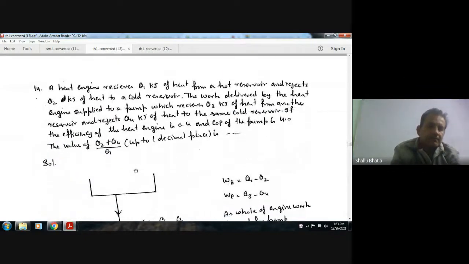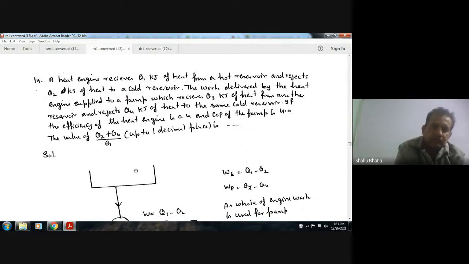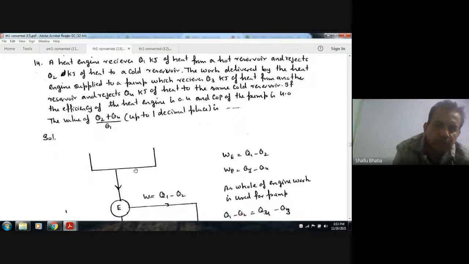Next, a heat engine receives Q1 kilojoule of heat from a hot reservoir and rejects Q2 kilojoule of heat to the cold reservoir. The work delivered by the heat engine is supplied to a pump, which receives Q3 kilojoule of heat from another reservoir and rejects Q4 kilojoule of heat to the same cold reservoir.